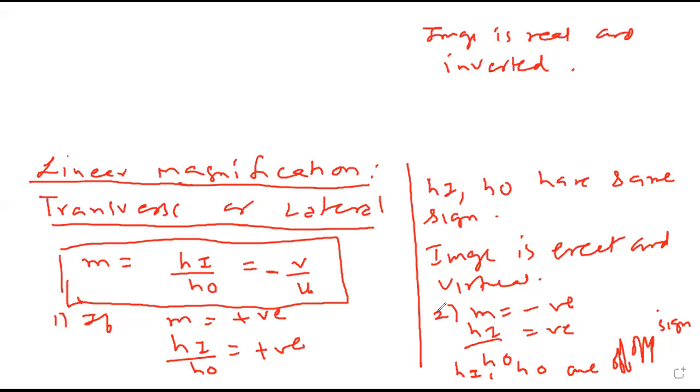So just now we got the nature of image. It can be real, it can be virtual. Real, then M is negative, and virtual, then it is positive. Now we'll see whether it is magnified or diminished, under what condition.